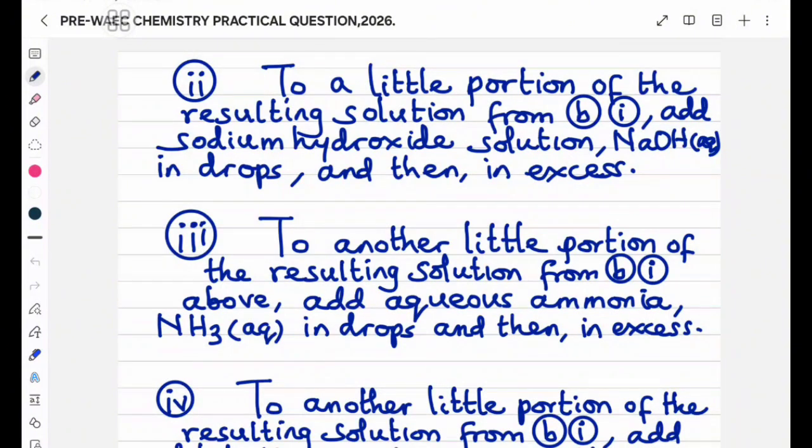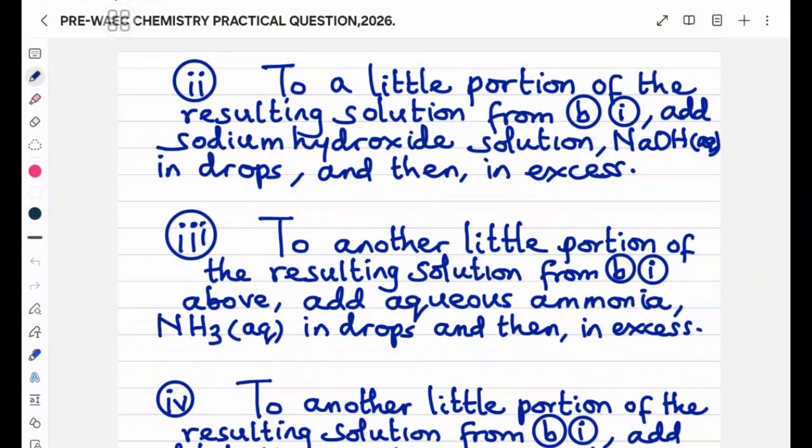On adding in drops to the fresh solution of Bi above is to know if there will be precipitate formed or not. Then on adding in excess, if precipitate is formed when drops are added, is to find out if the precipitate dissolves or not.